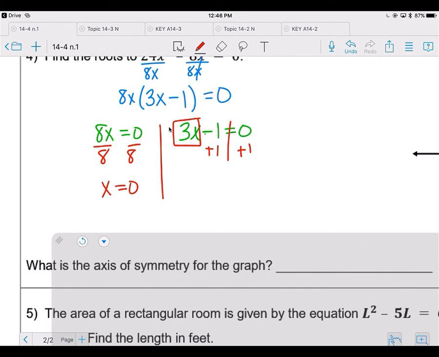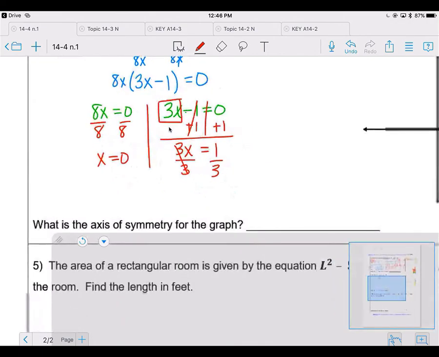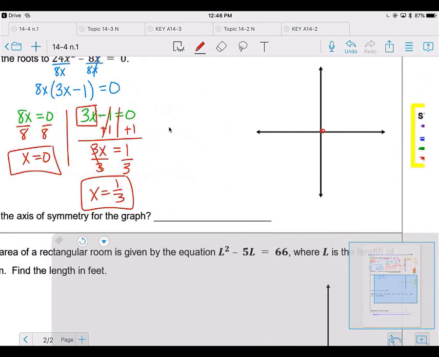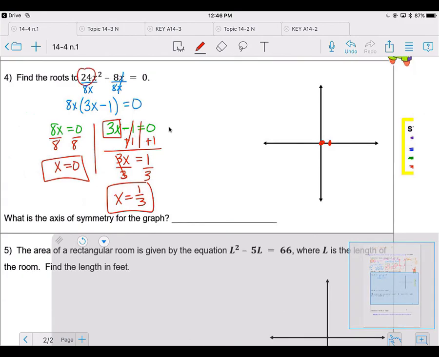For this one, I add 1 to both sides, so 3x equals 1. And then I divide by 3, so x equals 1/3. So x equals 0 is right at 0, 0. X equals 1/3 is going to be right next to it. It's very, very tiny. My leading term is positive, so this looks like a normal U.